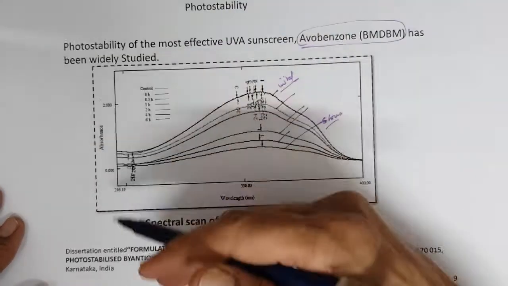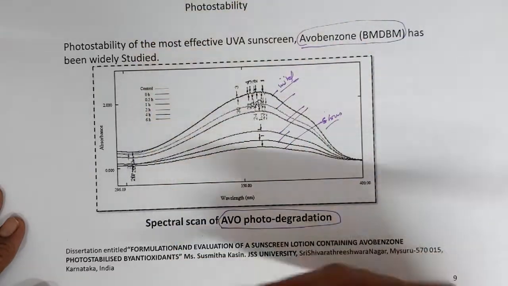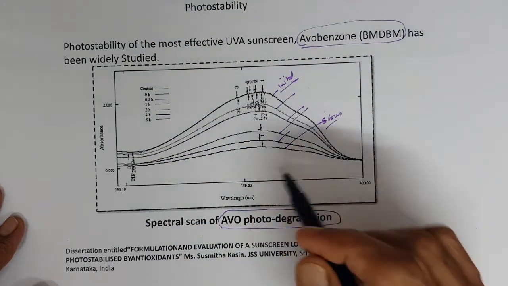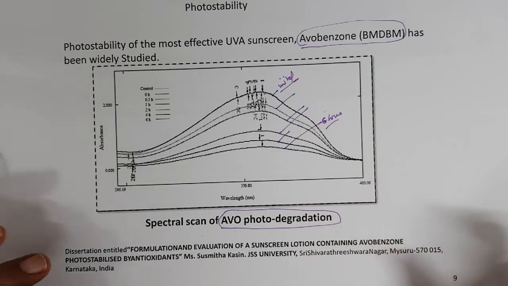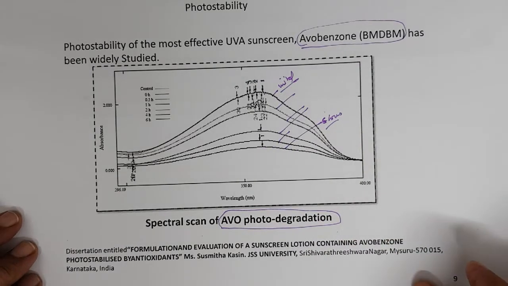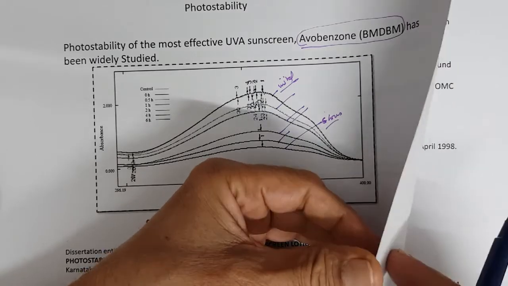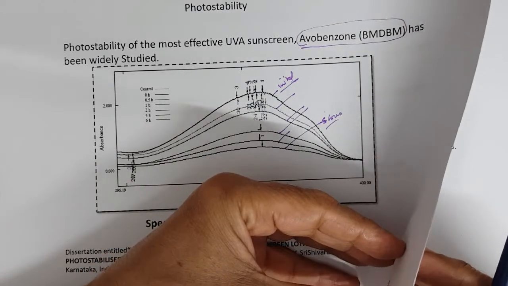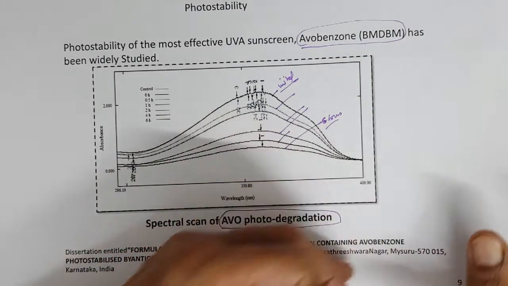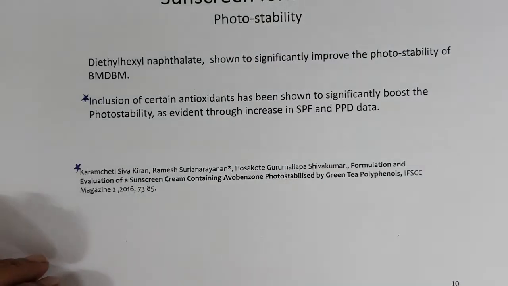See how the efficacy drops, right? This is to just demonstrate that some of the sunscreens can be photo unstable, especially the organic sunscreens. So, that has to be studied.